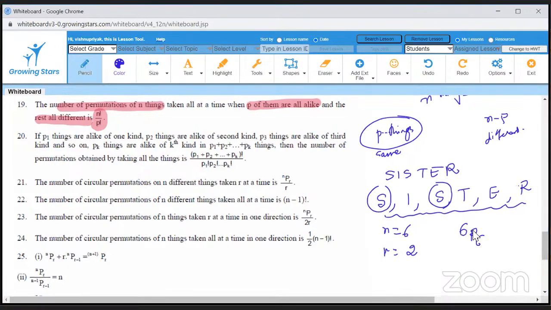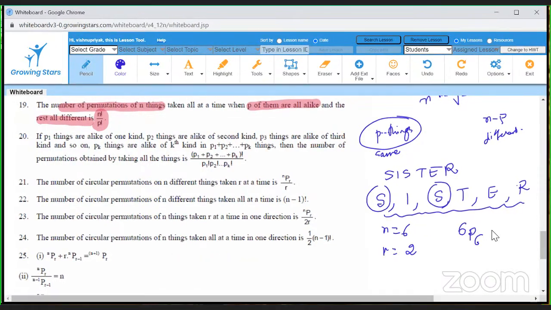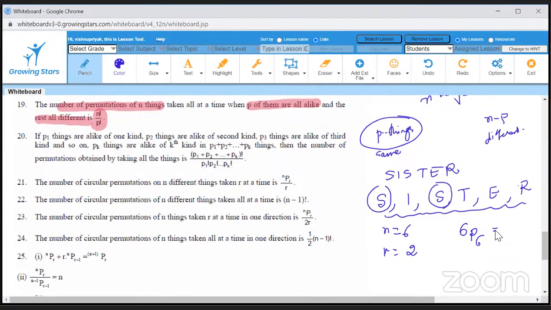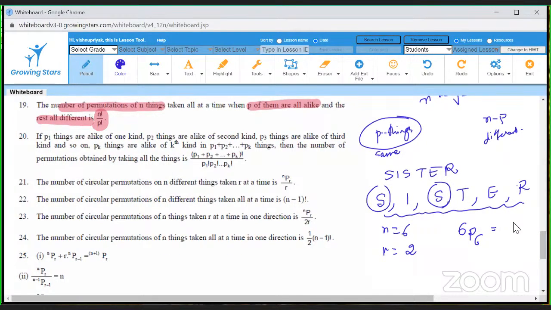So if you want to arrange these 6 letters, that is permutations of 6 things, but here the formula will be different. It will be n factorial by r factorial, because 2 things are the same, so down I'm writing 2 factorial. n factorial by p factorial, you can take p or r or anything.